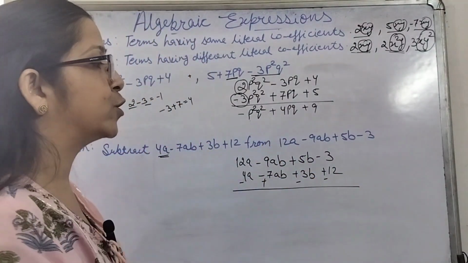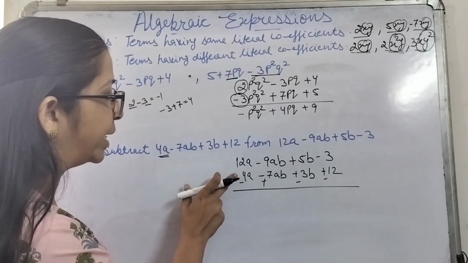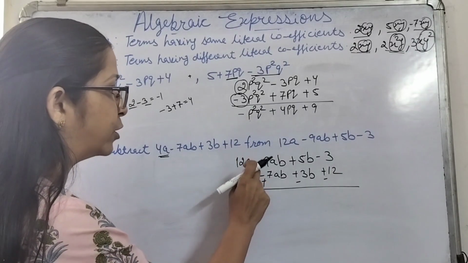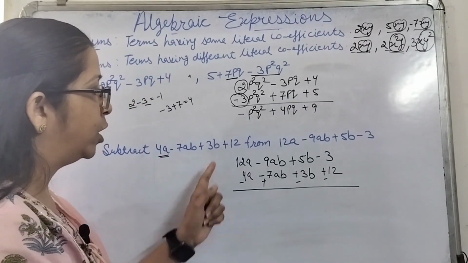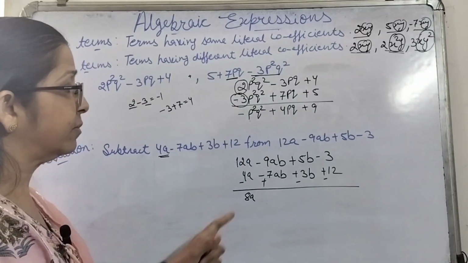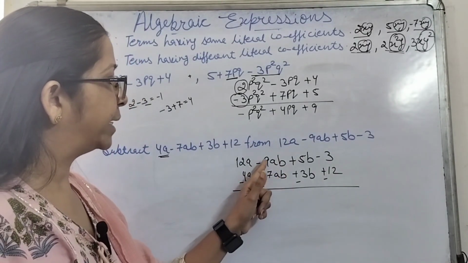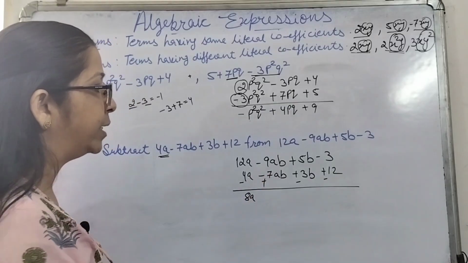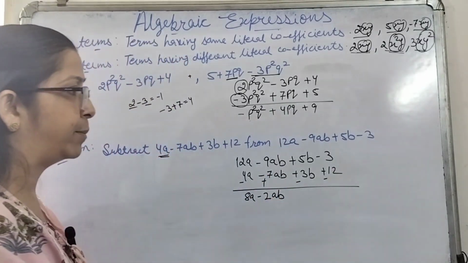Now we will be solving it, or simply adding it. It is 12a and minus 4a. The literal coefficient is the same, so simply 12 minus 4, which is 8, so it will be 8a. It is minus 9ab and plus 7ab. Minus 9 and plus 7 will be minus 2, and the literal coefficient is ab.